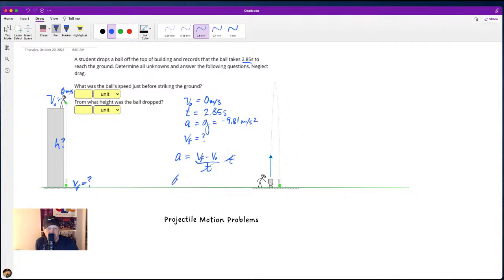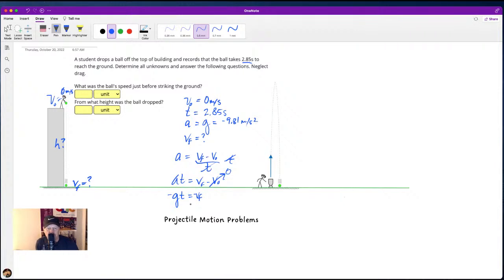Now we have AT equals V final minus V initial. Remember, V initial is 0, so this is just nothing. So AT is V final. So A is g, and gT equals V final.